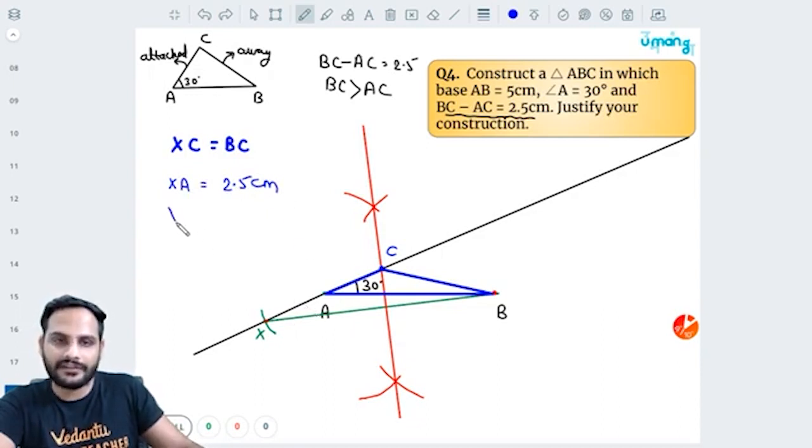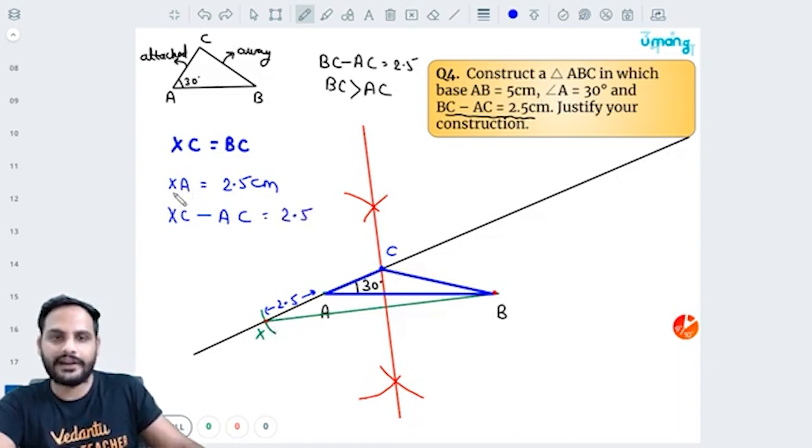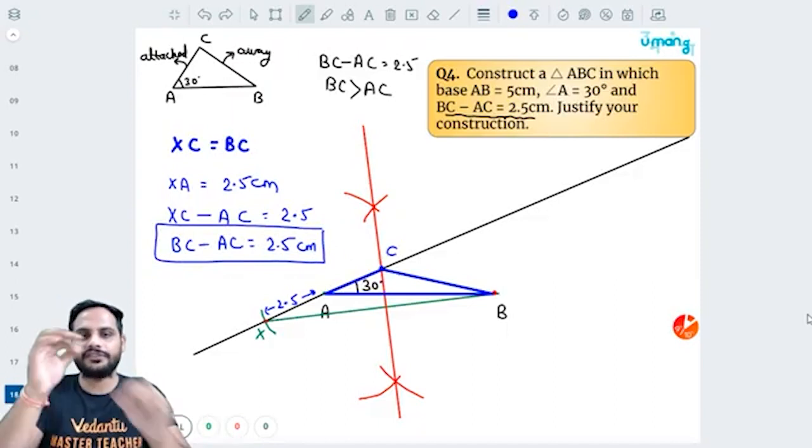XA can be written as XC minus AC. From XC, if I subtract AC, this XA is 2.5. So it will be equal to 2.5, and XC and BC are equal. So BC minus AC is equal to 2.5 centimeter. Got it, beta?